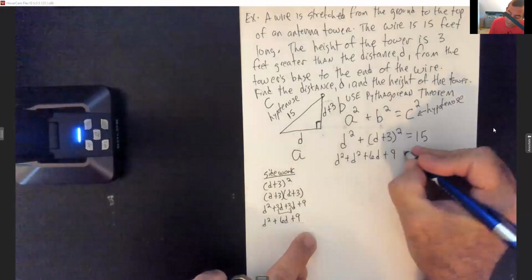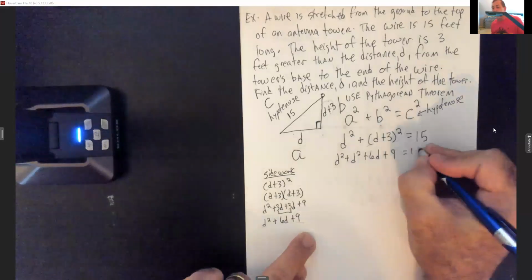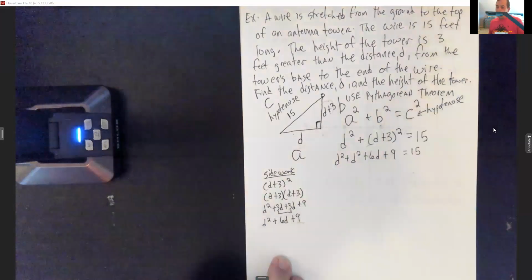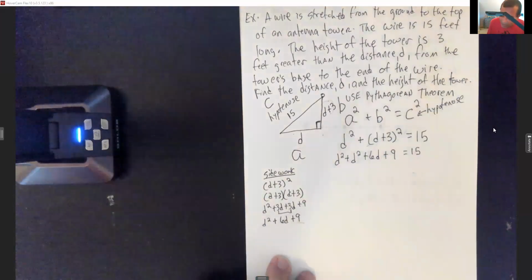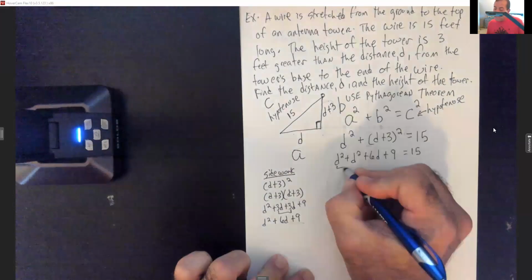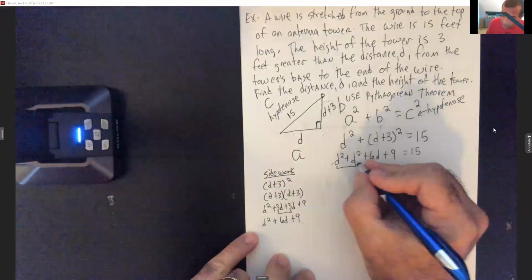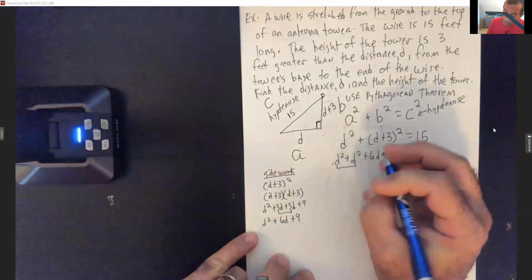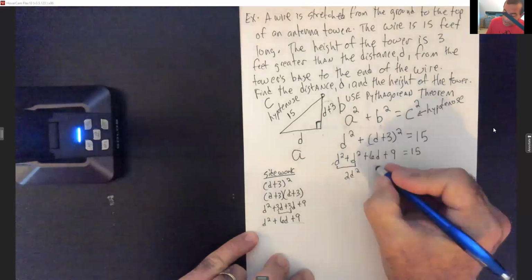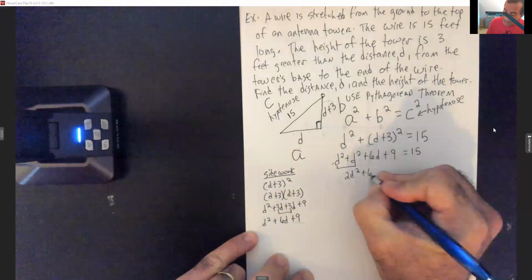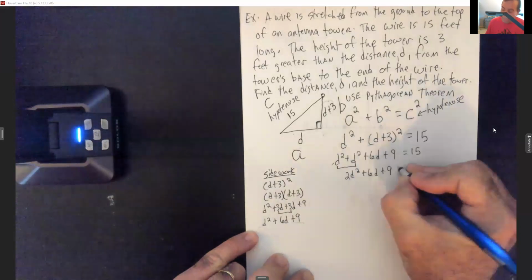All this is equal to my 15. All right, y'all, look on the left side. We got like terms. So let's add them together. 1d squared plus 1d squared gives me 2d squareds plus my 6d plus 9, all equal to 15.